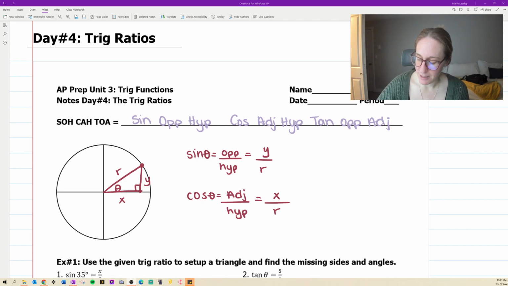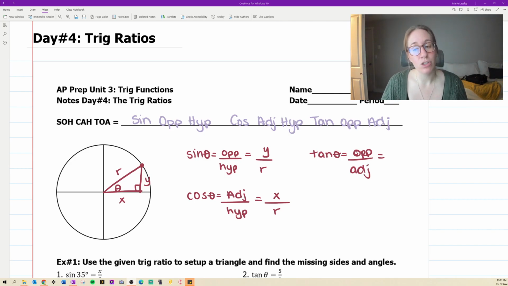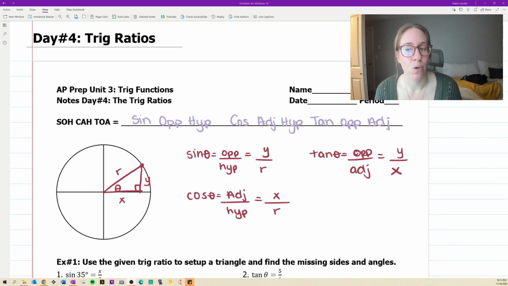All right, last but not least is tangent theta, which is opposite over adjacent. Again, if we look at our reference triangle, opposite theta is going to be y, and adjacent to theta is going to be x. These are really important ratios that are going to stay with us, because we are graphing a lot on our coordinate grid.